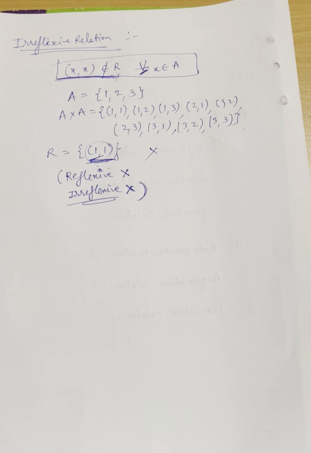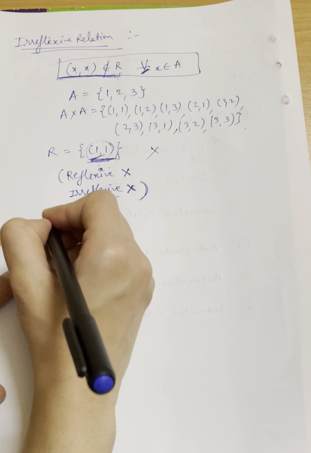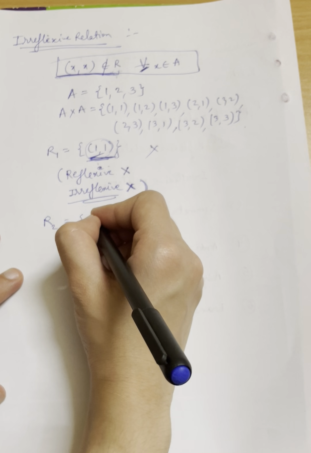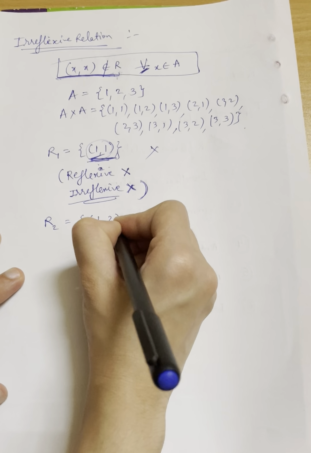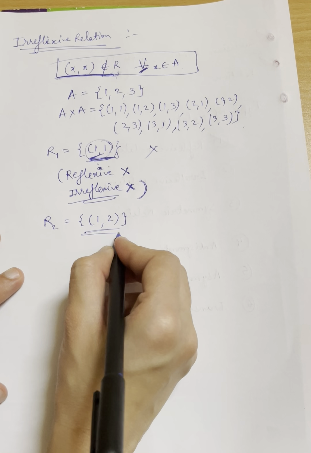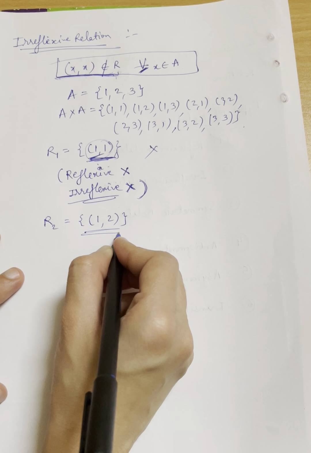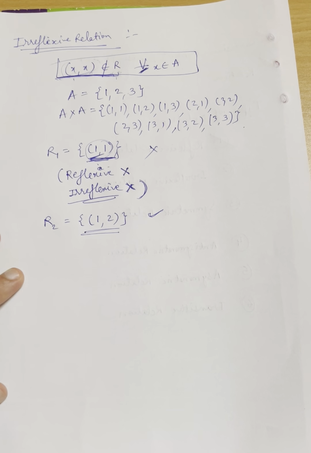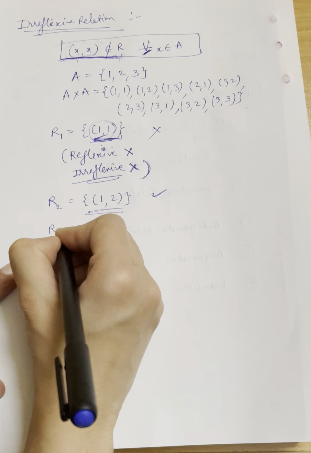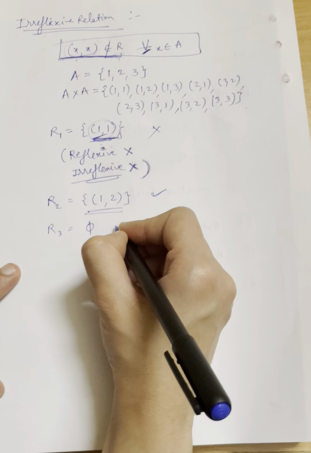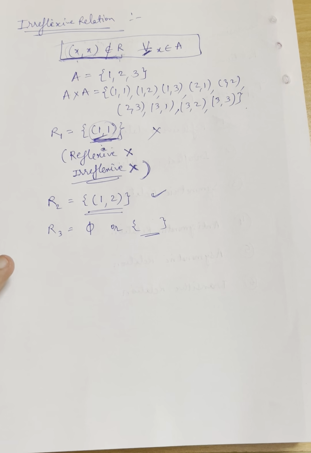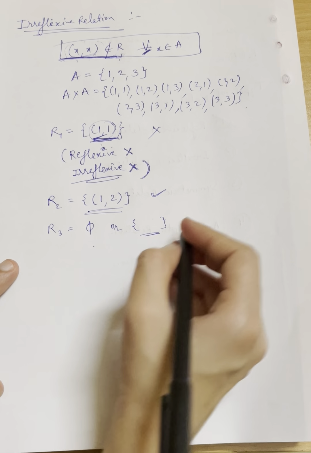Okay, now take some other examples. Suppose this is relation 1, relation 2, and if I take {(1,2)}, is it an irreflexive relation? Yes, it is, because there is no pair (x, x). Suppose I say phi, that is a null set. We already discussed what a null set is. Is it an irreflexive relation?